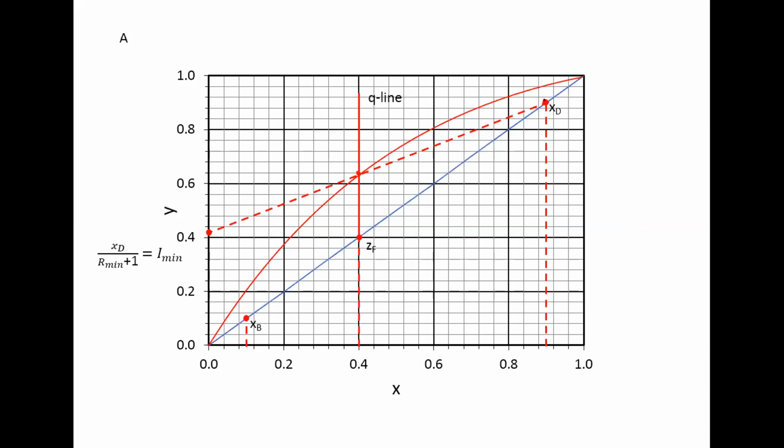And then draw a line to the minimum intercept. The minimum intercept is 0.41. When you put it into the equation over here, you get the minimum reflux of 1.14. Up to here, does anyone have a question?